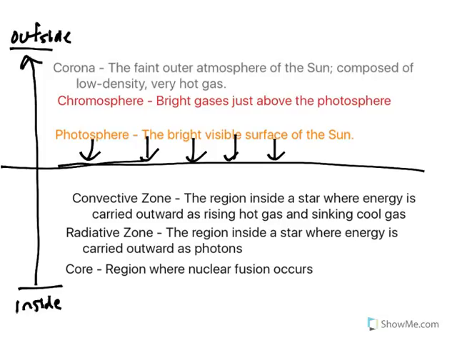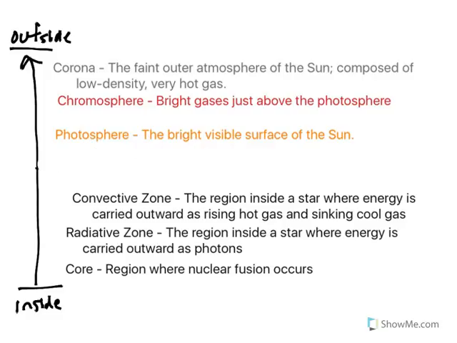Above the photosphere, you've got the pink chromosphere, which you see only during a total solar eclipse. You would see that pinkish region. And then above that, in a completely dead-centered total solar eclipse, you see the bluish to white corona outside of the chromosphere. And these are your layers from inside to outside.